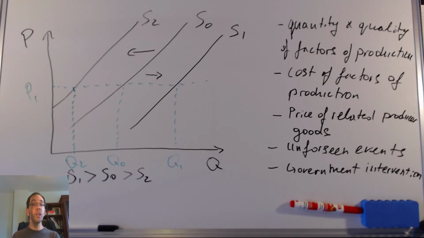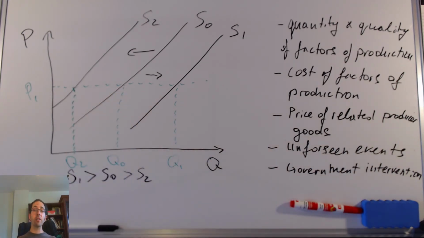Or maybe we are using machinery which is reduced in quality over time. We say that the machine is being depreciated. This is the economic term. To depreciate something means to lose its value. So when machines are being depreciated and our capital quality declines, supply should decrease.